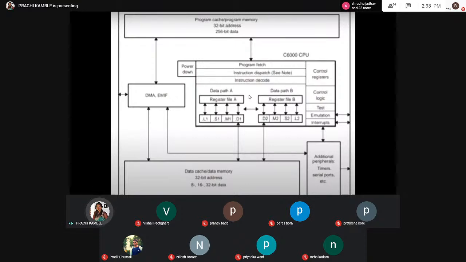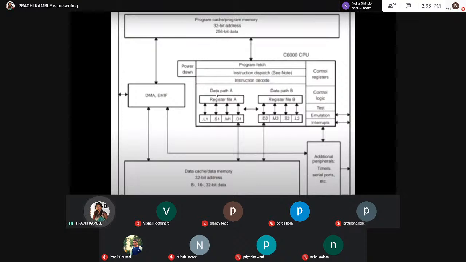To interface that host processor with the DSP processor CPU, there is a port which is called the HPI port. So this is a direct access port for an external host processor to use this DSP processor CPU.